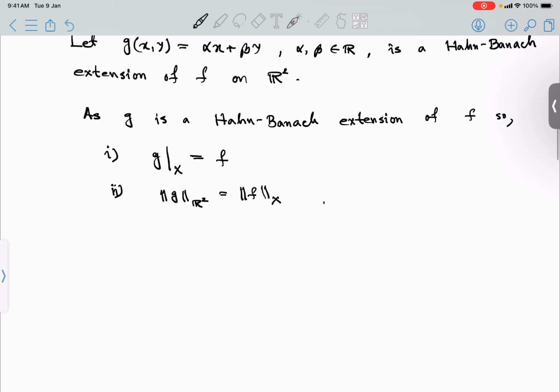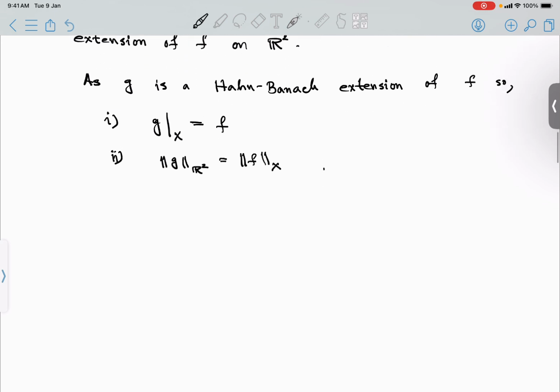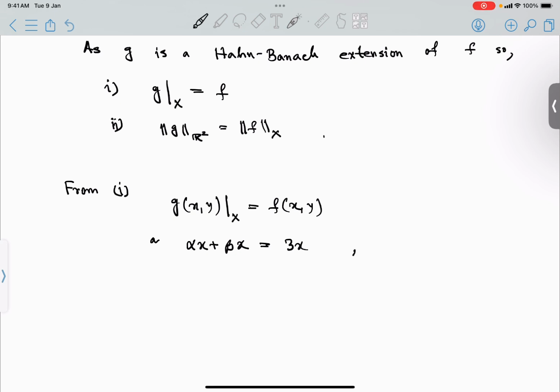So let's calculate g. From condition 1, g restricted to X gives f of (x, y). So alpha x plus beta x on X equals 3x, as (x, y) in X implies x equals y.